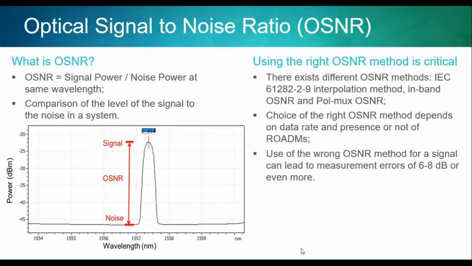Safe to say that the more amplification, the more issue and imbalance that you receive on that channel flatness? It really depends on the quality of the amplifier and what we call the gain flattening filters that are present with those EDFAs typically.